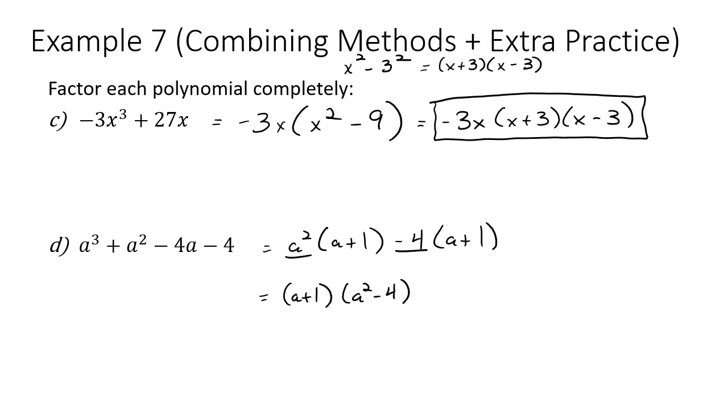That would leave us with a squared minus 4, but once again, we have something that factors further. a squared minus 4 is a difference of perfect squares. So the a plus 1 carries over, but the a squared minus 4 is going to be a plus 2 times a minus 2.